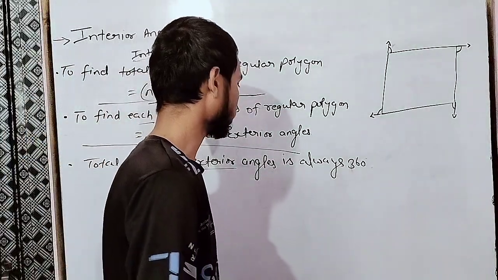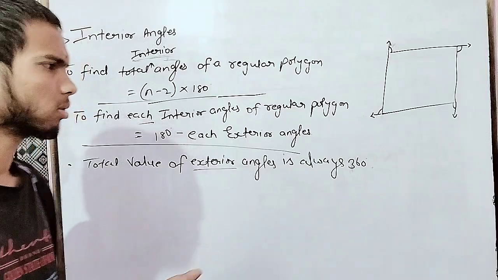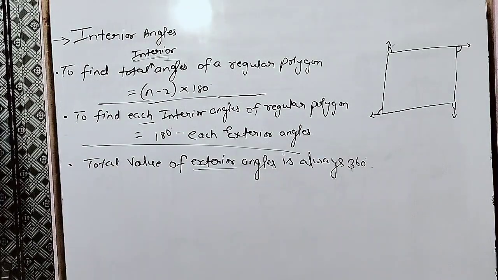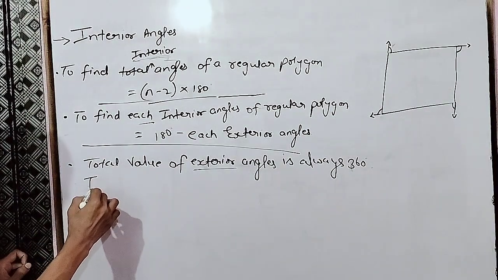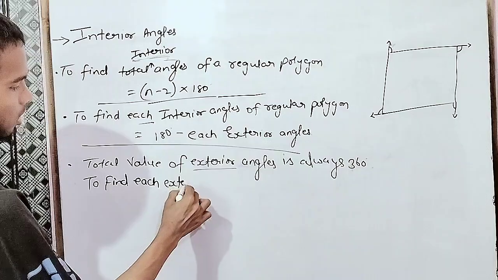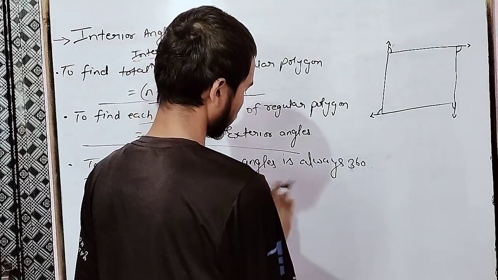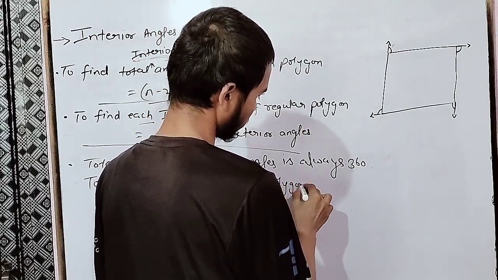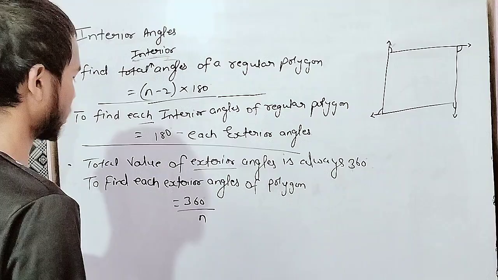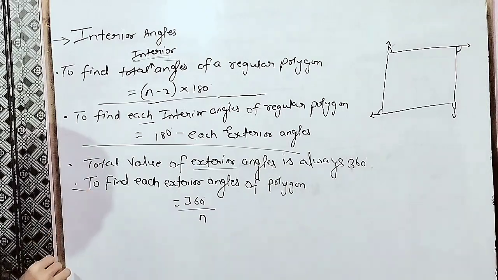The total value of exterior angles of a polygon, remember, would be how much? 360 degrees. Now the question is saying find each exterior angle of a polygon, we will apply the formula which is 360 upon n, and we are already familiar with it. We have talked about it already.